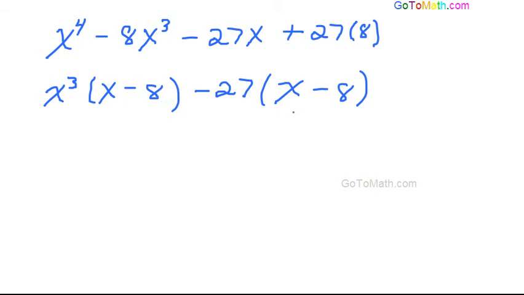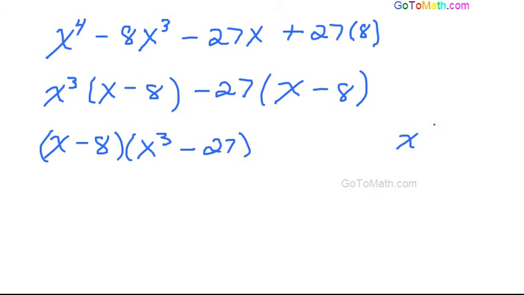And then now what we can do is factor out this x minus 8 out of here. And we're left with x cubed minus 27. So once again, we have a difference of two cubes. X cubed minus a cubed. And a in this particular case is going to end up being 3, right? 3 cubed is 27.